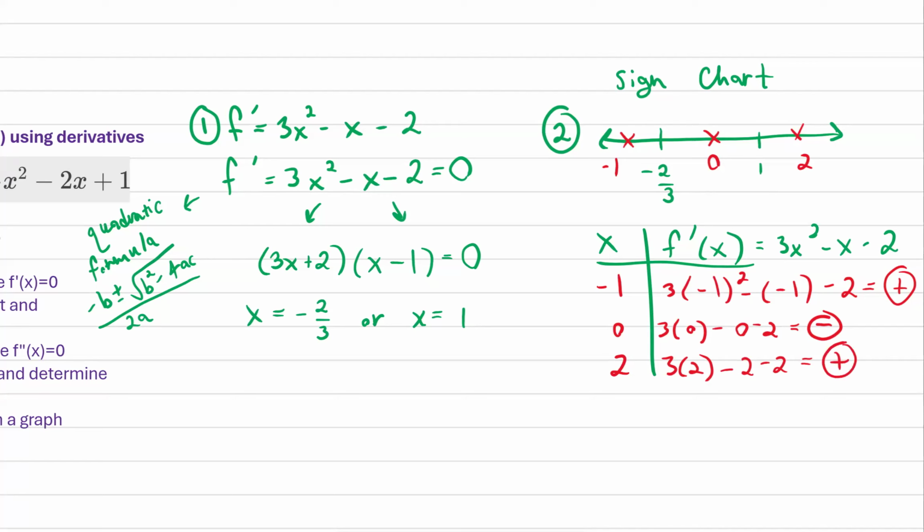Okay, great. So that means in the interval in here, we have positive or increasing values, right? So I like to indicate that with an increasing arrow. And then in this interval, we got negative or decreasing values. So then I use a decreasing arrow, like that.